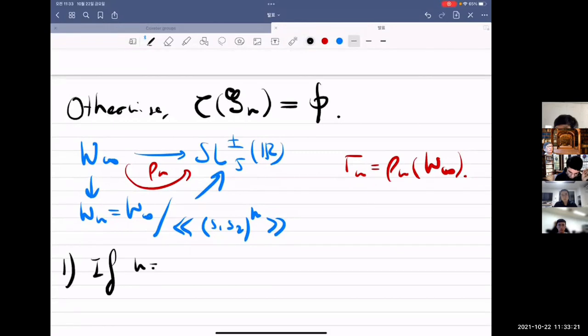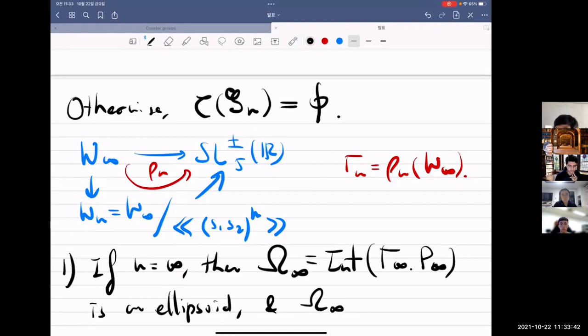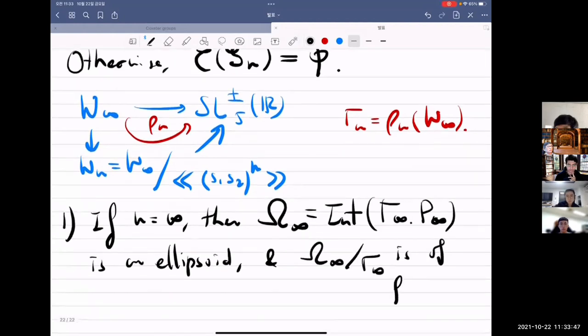If M is infinity, then what is this Ω_infinity? The interior of the Γ_infinity orbit of P_infinity is hyperbolic space, so it's an ellipsoid, right? And Ω_infinity quotient by Γ_infinity is of finite volume.